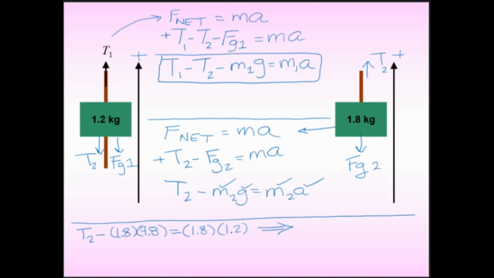We're going to have to multiply these two and move it, so it becomes plus. So T2 equals 1.8 times 11. What's 1.8 times 11? 18 and 1.8. Is it 19.8? Yes.